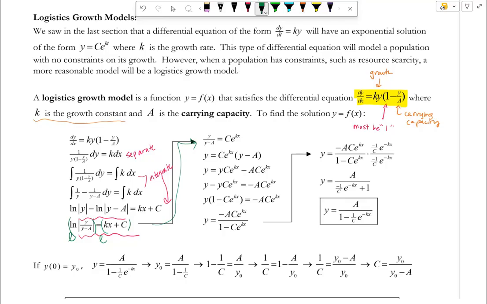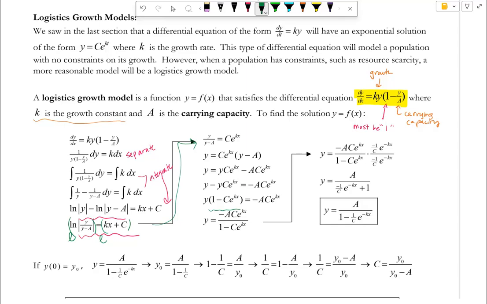And then we would multiply by y minus a on both sides. And then we could take a few more steps here where we could distribute that, and we could use some algebraic properties here. We could factor because we're trying to isolate y.